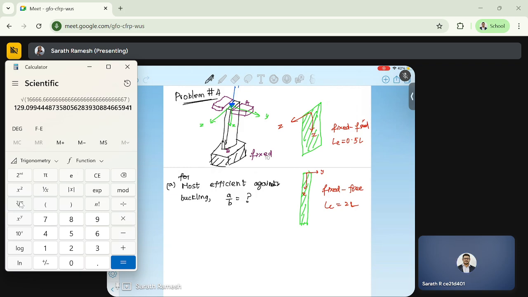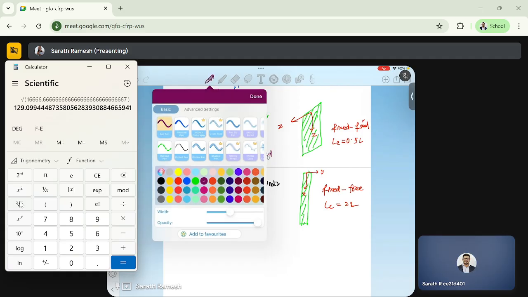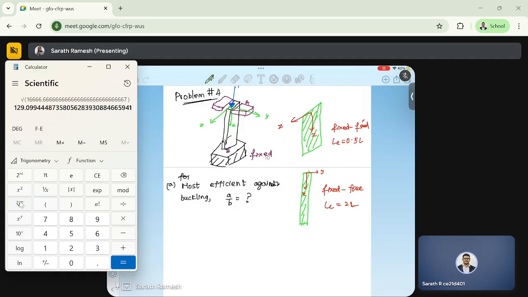A and B are the dimensions of the cross section. Say this is B, this is A. And we also have to design the most efficient cross section.